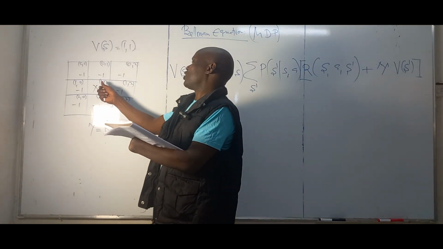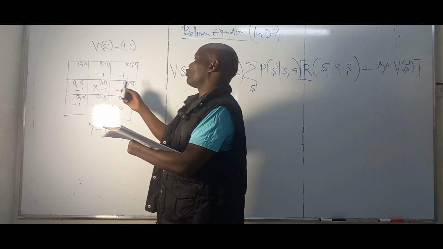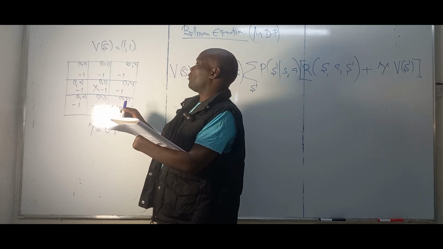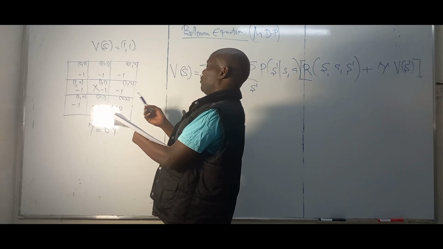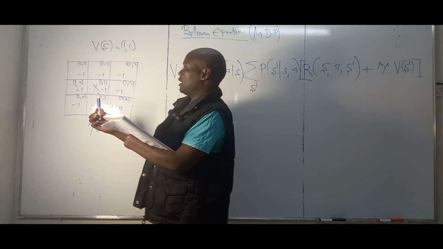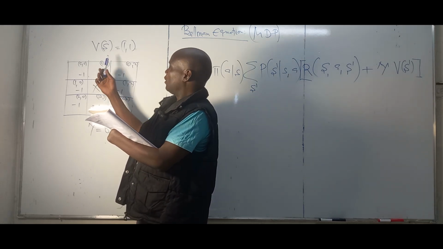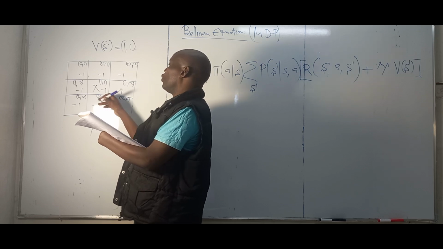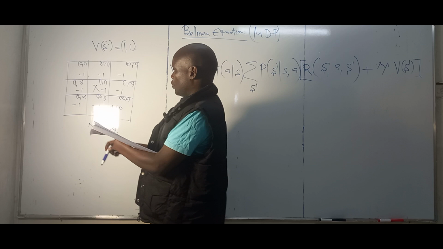Because if the robot is in node 1, 1 or cell 1, 1, then there are possible steps that the robot can take. The robot can either go up to node 0, 1, or it goes right to node 1, 2, or it goes left to node 1, 0, or it goes down to node 2, 1.